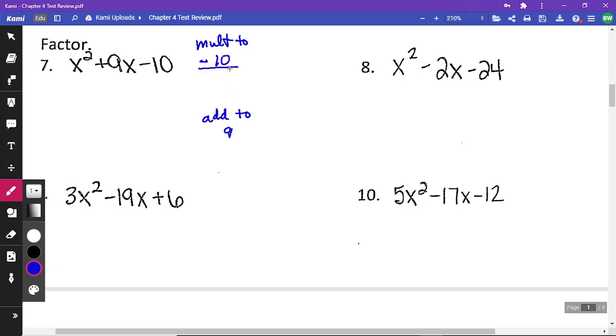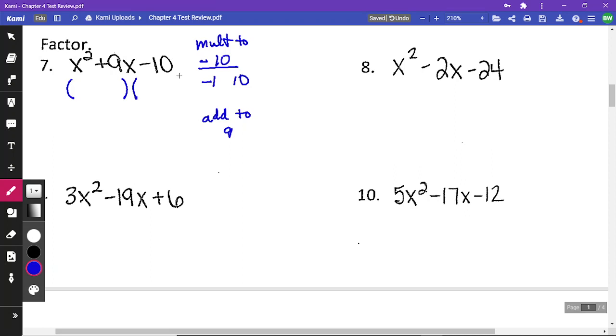Okay, so we think about our possibilities. Look at the sign. To be negative 10, one of the numbers is going to have to be negative, and they need to add up to positive 9. So there it is. If we have negative 1, positive 10, that works. And what you do with those numbers in this kind of problem where a is 1, you're almost done.